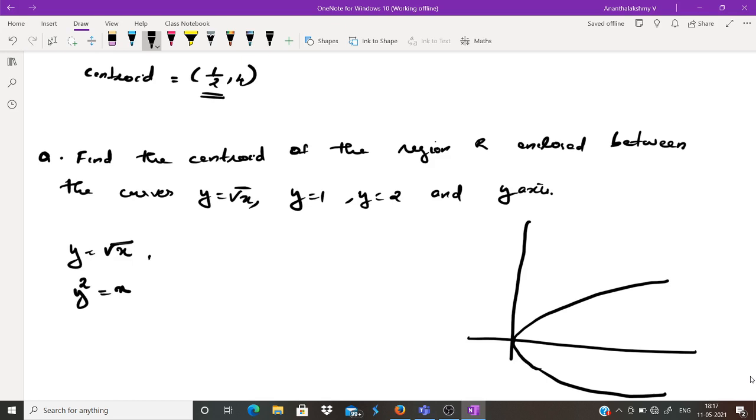Next is y equal to 1. This is the graph of y equal to 1.